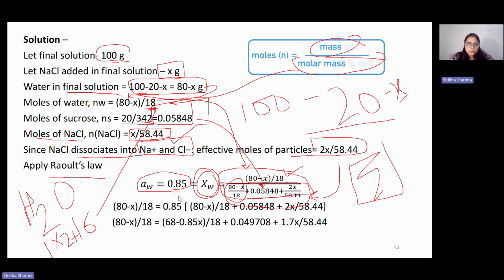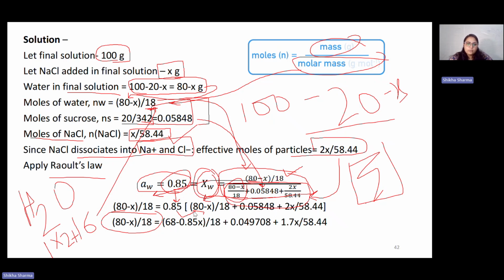Now let's solve this. So this numerator will come here, which is 80 minus x divided by 18 is equal to, and the denominator will be multiplied by 0.85, so 0.85 times the denominator, which is 80 minus x divided by 18 plus 0.05848 plus 2x divided by 58.44. Now 80 minus x divided by 18 is kept the same. Now multiply this 0.85 with the whole total moles.